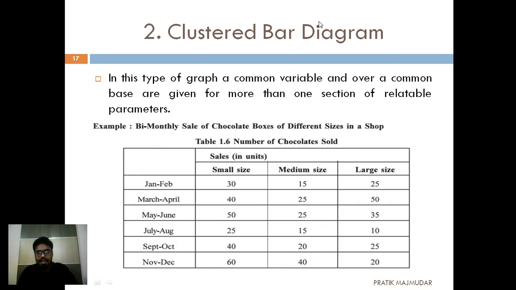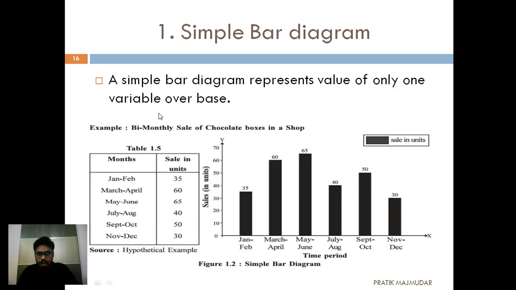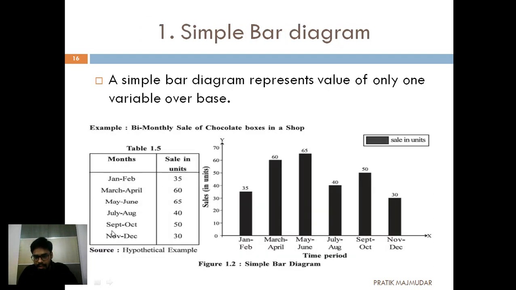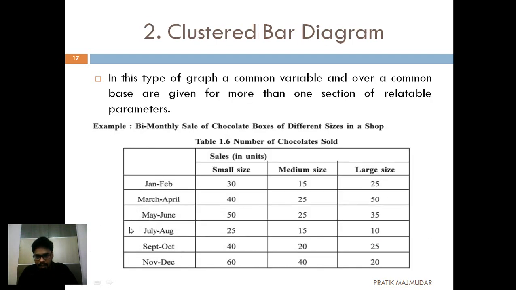Let's see the second one, the clustered bar diagram. Here there are multiple variables. Previously there was only one variable, here there are multiple variables over a common base. You can see that the months are the same, but the units sold in small size, medium size and large size are different.